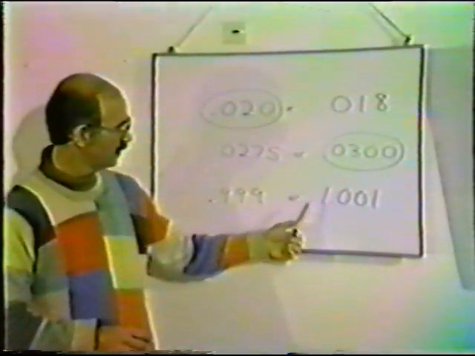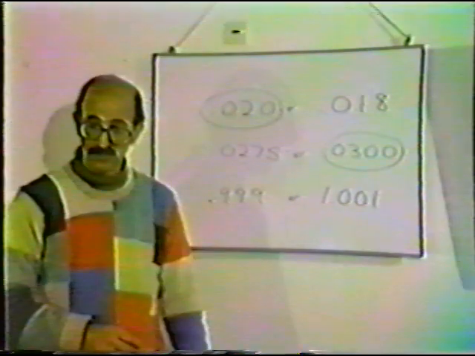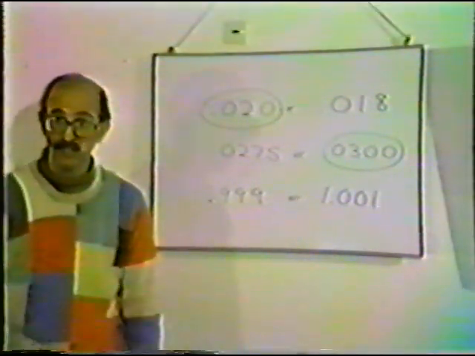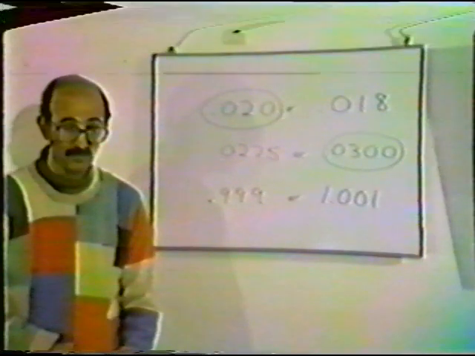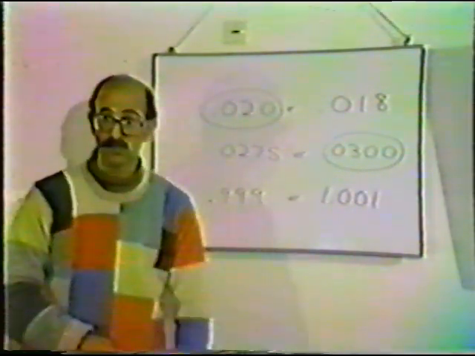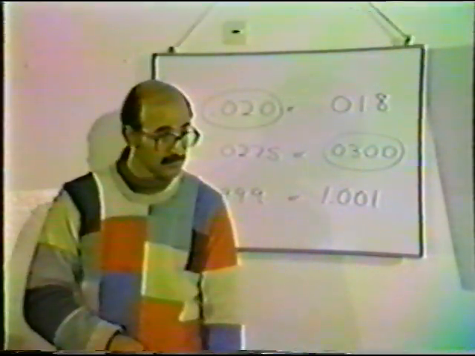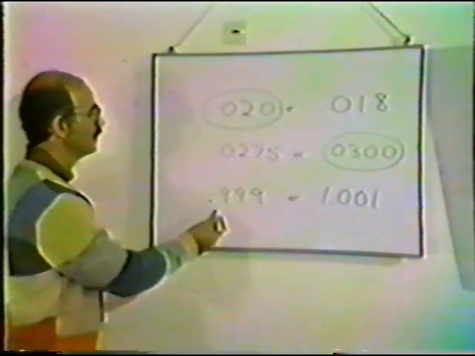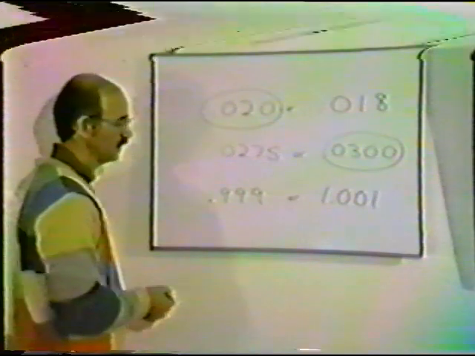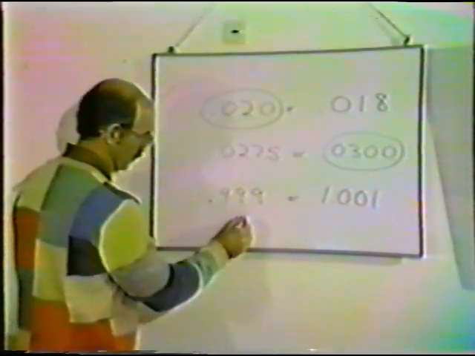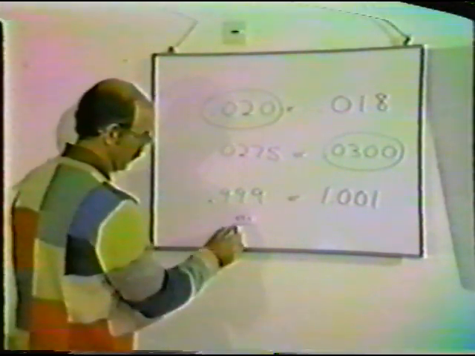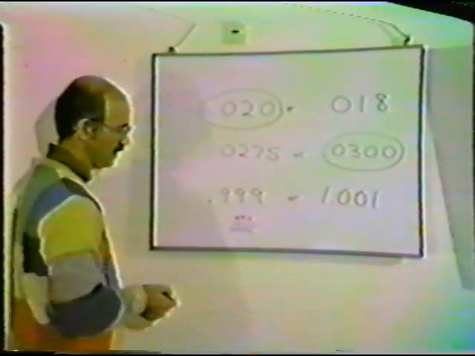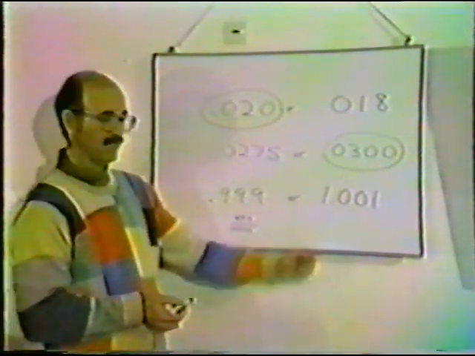You mean this number that has only ones and zeros is bigger than this one with all those nice big nines in it? Yes. Nines are bigger than ones and zeros. Well, read me this number. 999 thousandths.